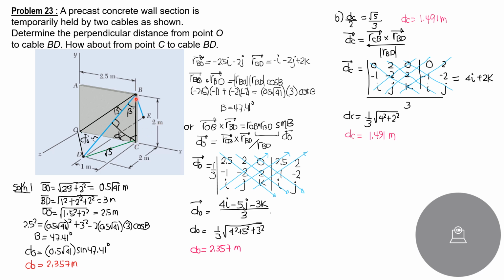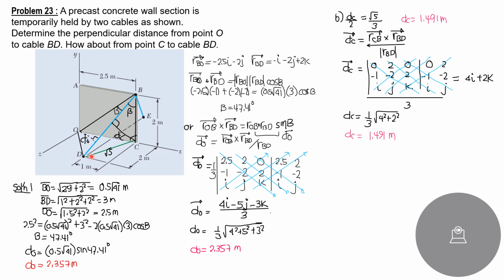While for this right triangle, the opposite of beta is square root of 5, where square root of 5 is the square root of 1 squared plus 2 squared. The hypotenuse is the length of BD, and we already computed the length of BD.